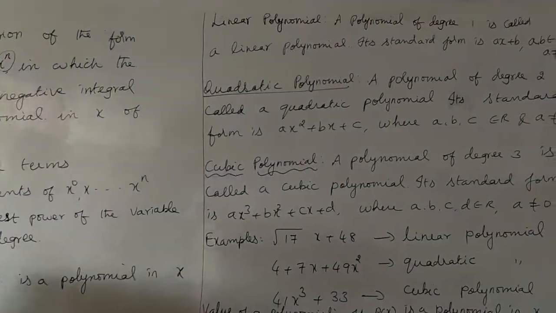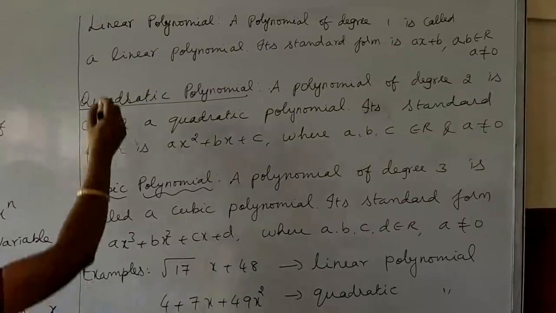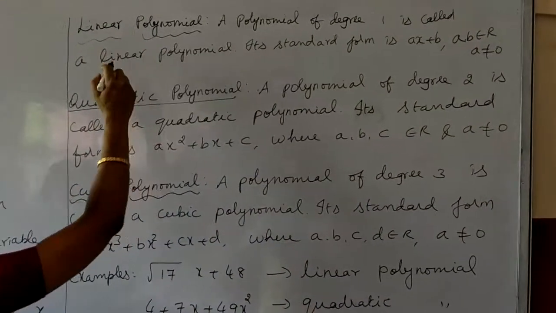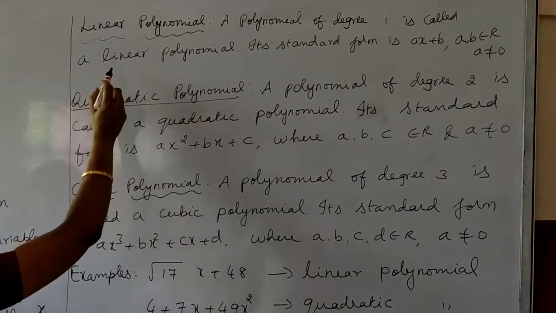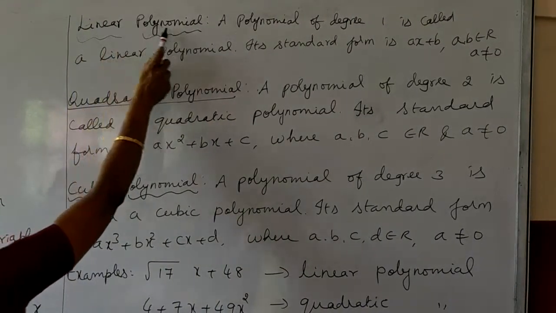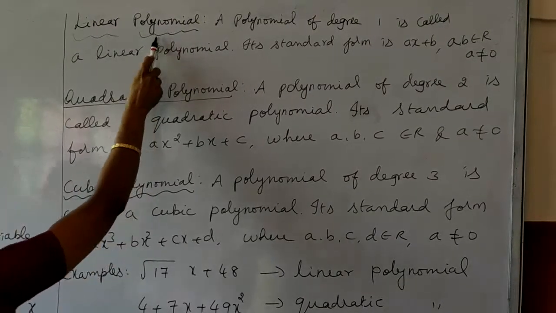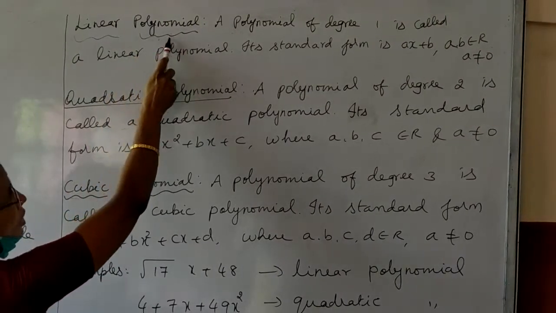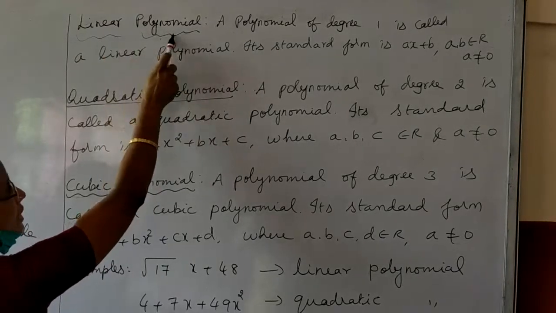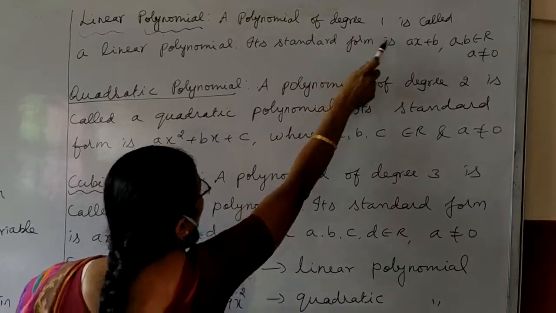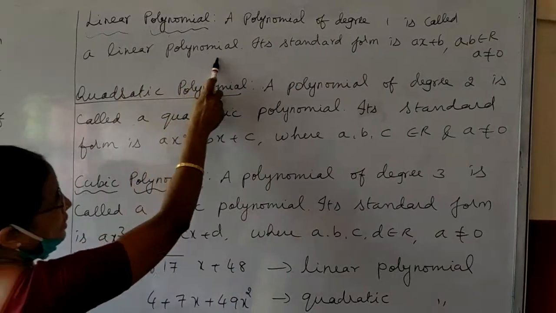Next, let us understand types of polynomials called the linear polynomial, quadratic polynomial, cubic polynomial, and so on. Linear polynomial. We understood just now what is the degree of a polynomial. If you find the degree of any polynomial is 1, we call it a linear polynomial. So a polynomial of degree 1 is called a linear polynomial.